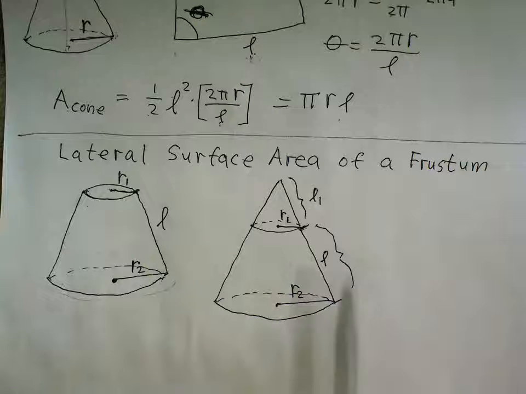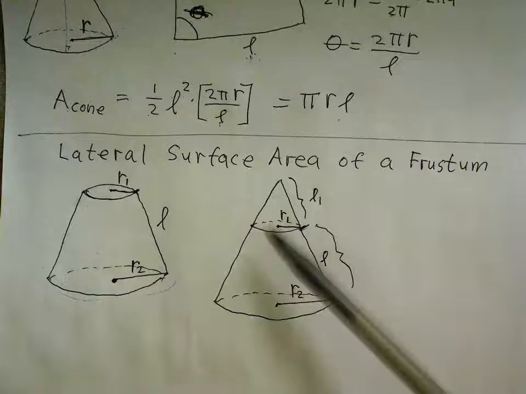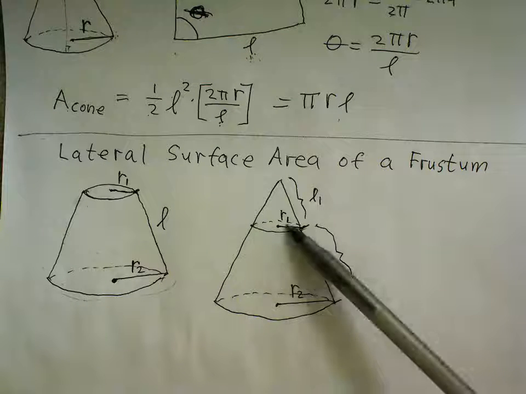Okay, so the lateral surface area of this frustum, just in words, is the lateral surface area of the big cone minus the lateral surface area of the small cone.